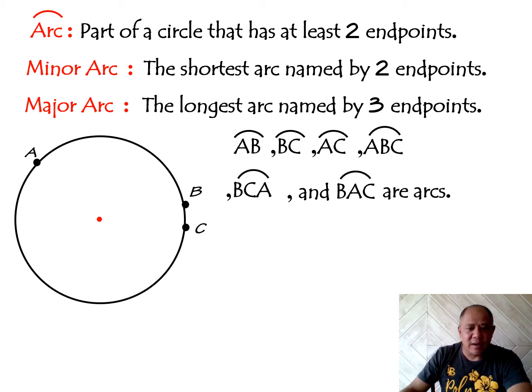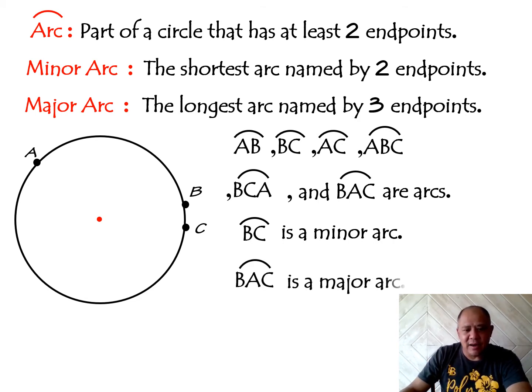So these are all arcs. We have 1, 2, 3, 4, 5, 6 arcs. Now, BC is the smallest, so that's considered the minor arc. And BAC is the largest, so that's the major arc. And there you go.